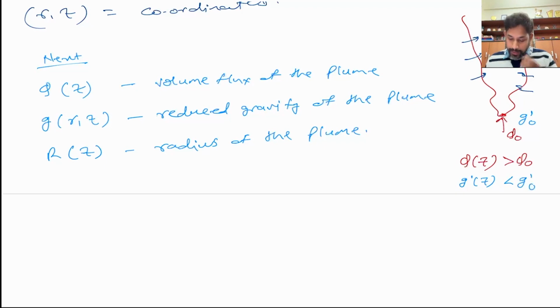Okay, and g prime can be defined as a function of r and z, but that also we will try to define as mean reduced gravity for the plume at a particular elevation.